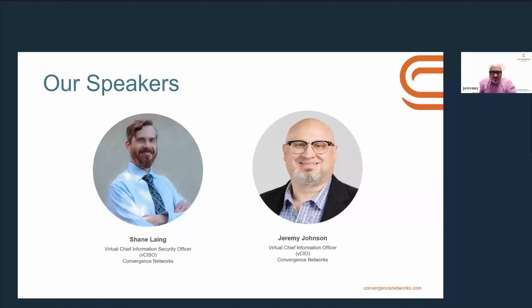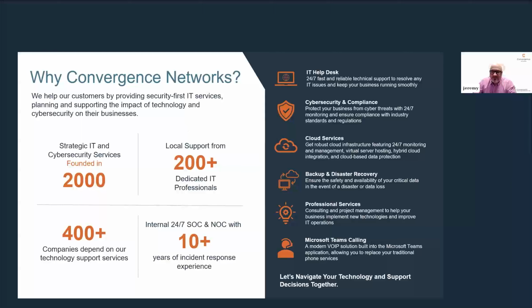We work together with our clients to give a strategy and a look into cybersecurity. Convergence has been around for about 25 years. We have over 200 IT professionals in the US and Canada, and we help about 400 plus companies with their IT strategy, managed services, business strategy, cybersecurity, and advisory services in IT.